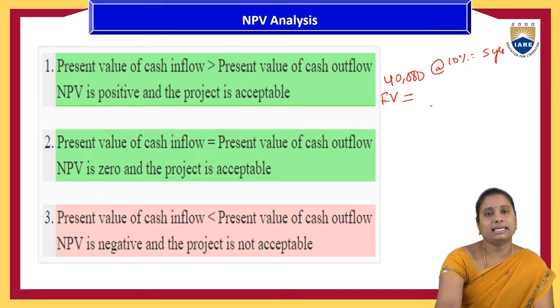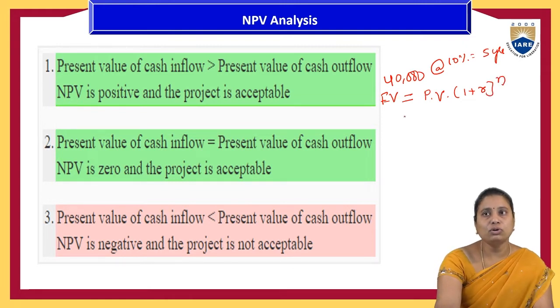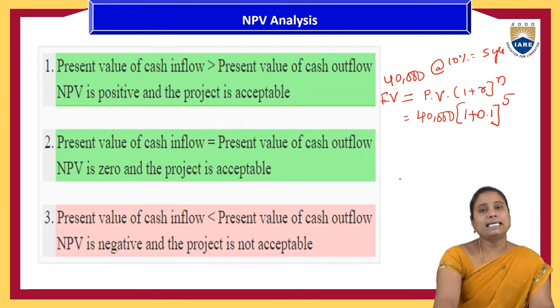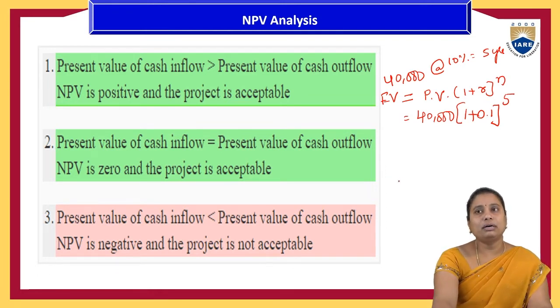It is calculated with the formula: present value of the money into (1 plus r) to the power of n. The future value we don't know, but presently they are investing 40,000 rupees into (1 plus r), where r is the rate of return, 0.1, whole to the power of 5. Like this, they will calculate the future value of the money using this formula.